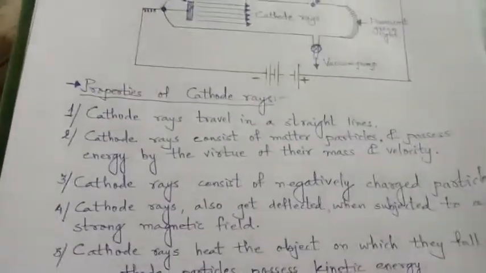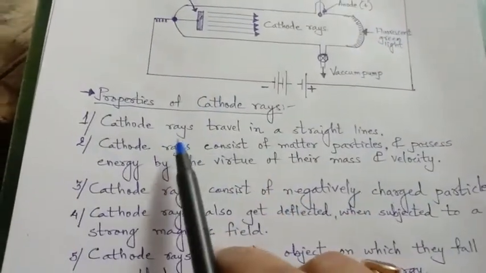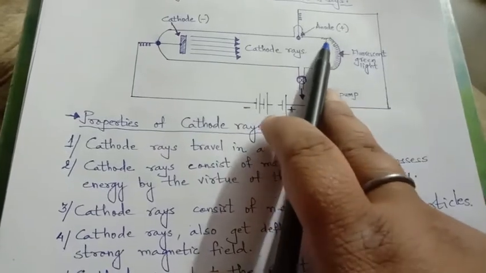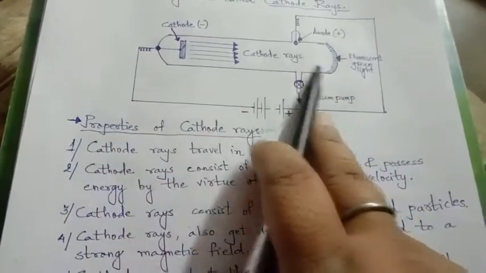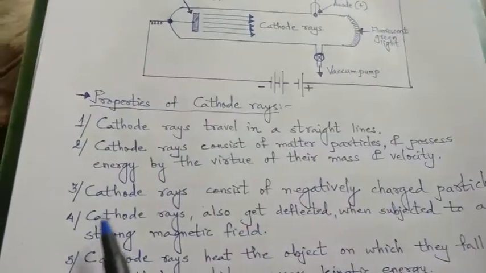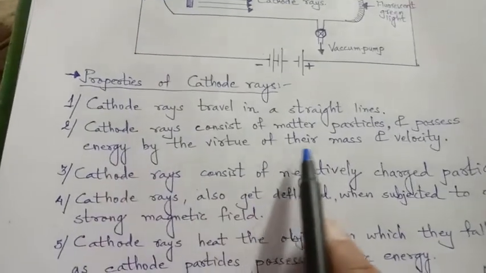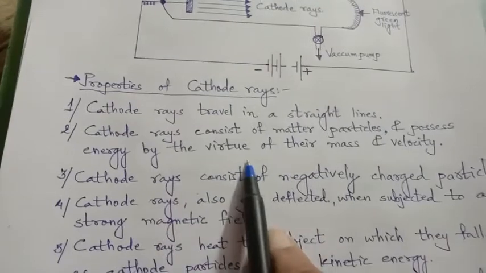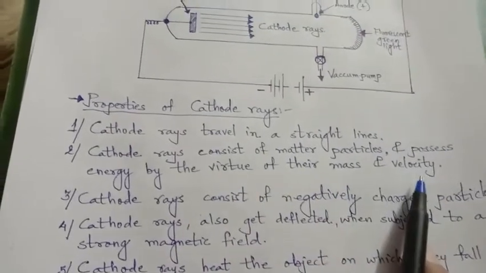Now, what are the properties of these cathode rays? Very first, they travel in a straight line, and so only we got here the straight patch of fluorescence. Cathode rays consist of matter particles and possess energy by virtue of their mass and velocity.